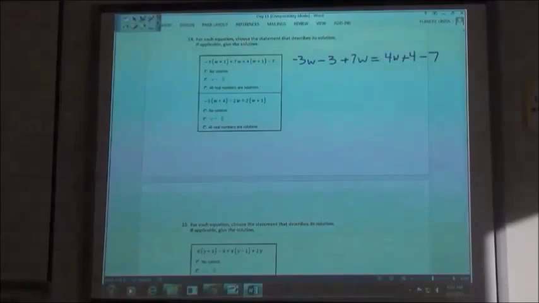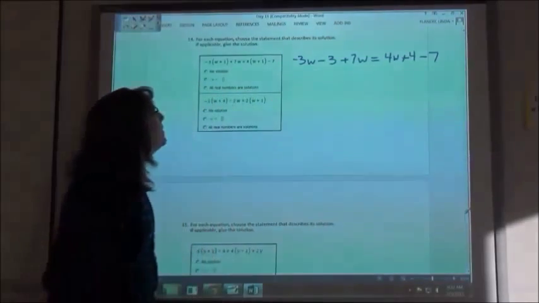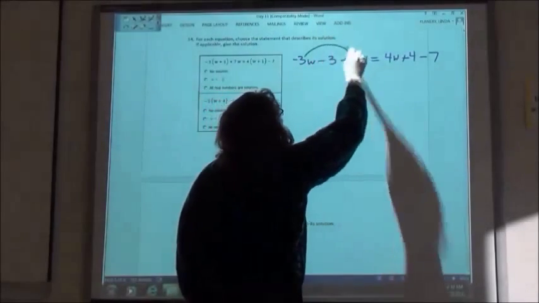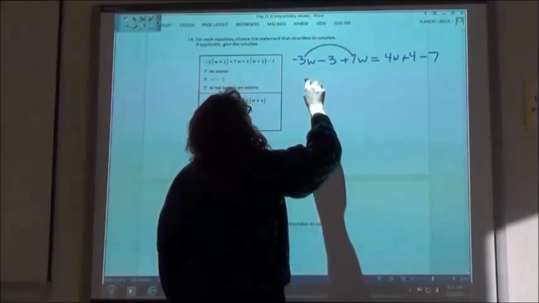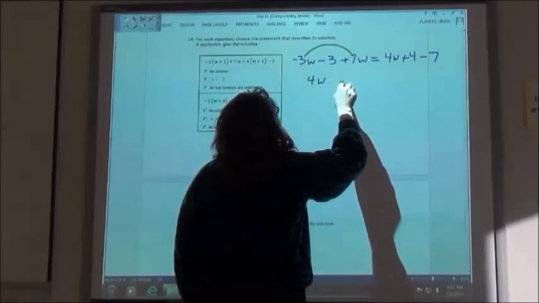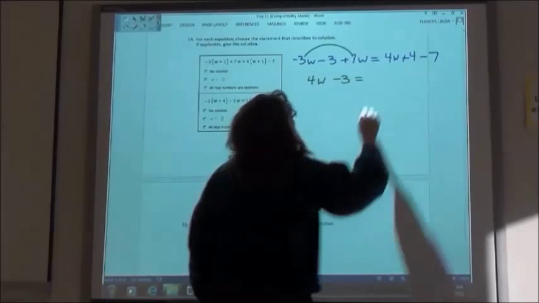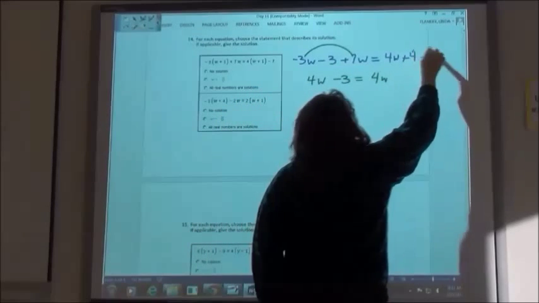Looks good. Next thing I want to do is combine my negative 3w and my 7w, which is going to be my 4w. 4w minus 3 equals 4w minus 3.